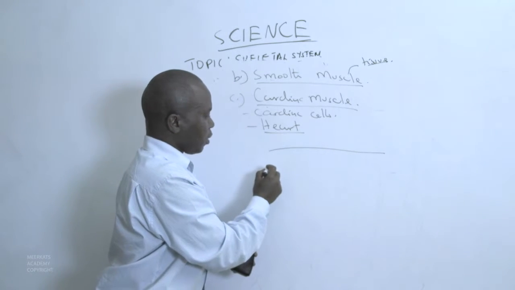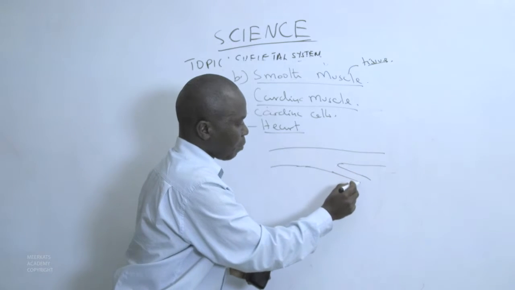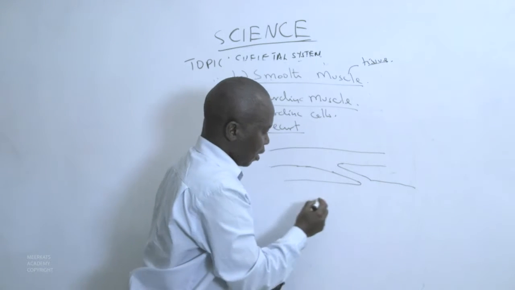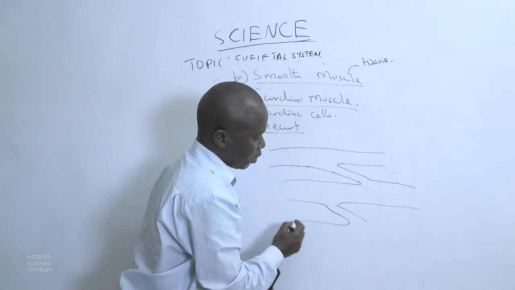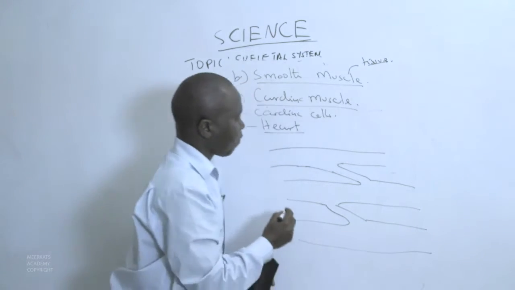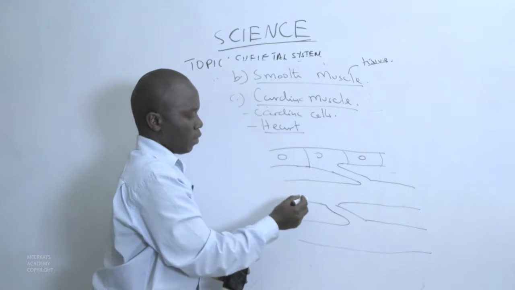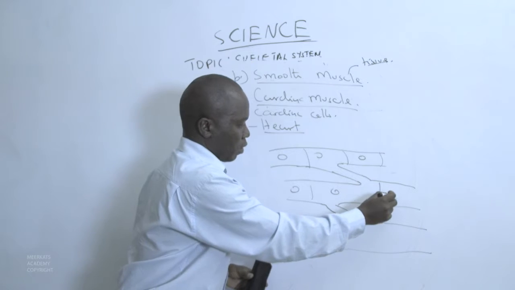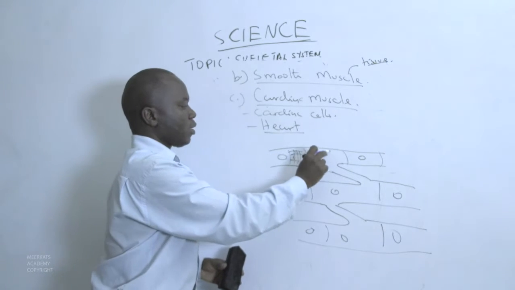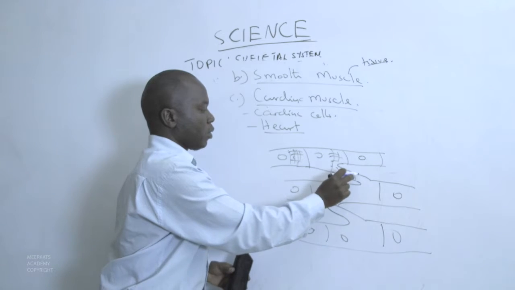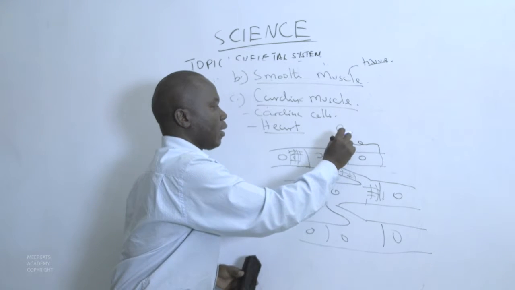The muscle is made up of cylindrically shaped cells forming fibers, but those fibers are connected to each other through bridges, also with striations, some crossings. So this is the cardiac cell.